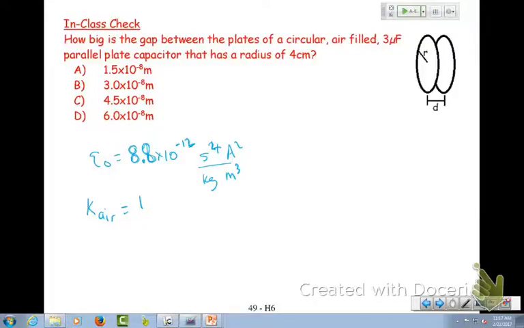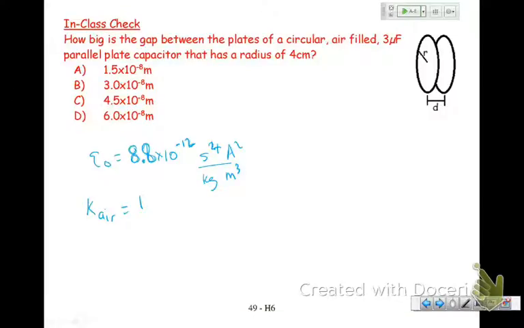So let's go from here. So we can say, well, our base equation, of course, is that the capacitance is equal to K A epsilon naught over D. And what do I know? I know that my A is equal to pi r squared. So that equals pi times r, and radius 4 centimeters.